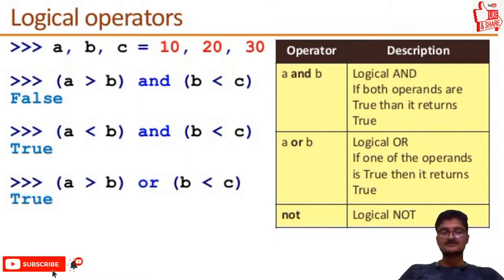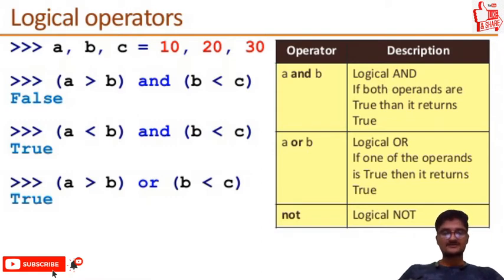And then we see our second example, a is less than b, 10 is less than 20, which is a true statement, and b is less than c, 20 is less than 30. It is also a true statement. So true and true gives us a true as a result. And then a is greater than b, or b is less than c.